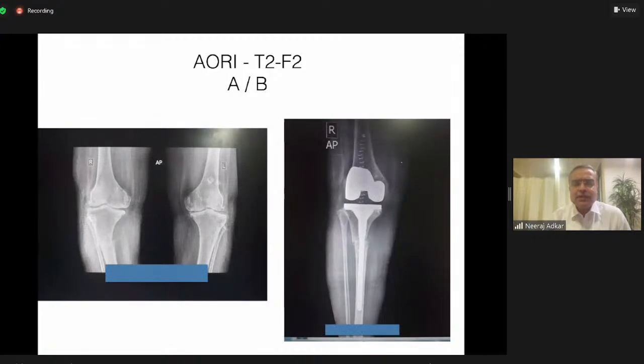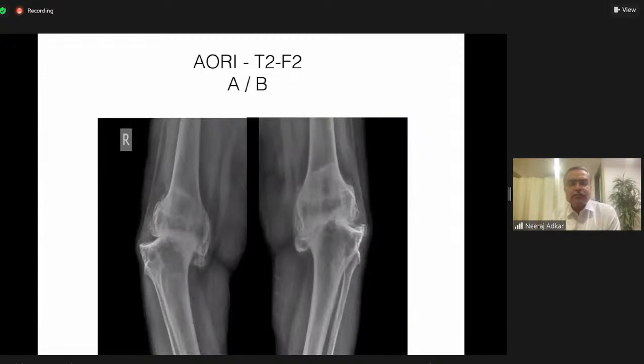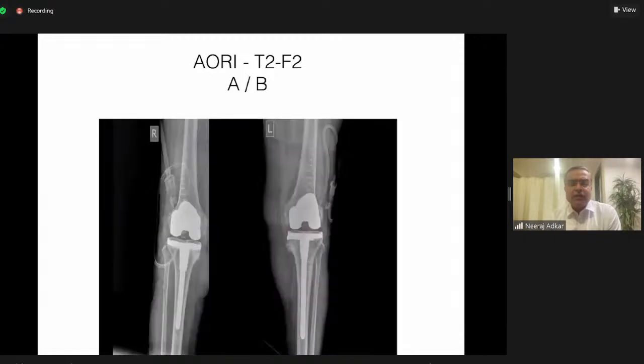Another patient with a defect with stress fracture: impaction grafting on the medial side and an extension stem to stabilize the stress fracture was used. Another T2F2 deformity, with a huge defect on the medial tibial plateau, where you can do grafting.